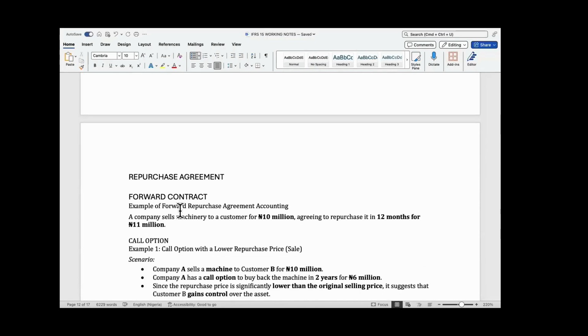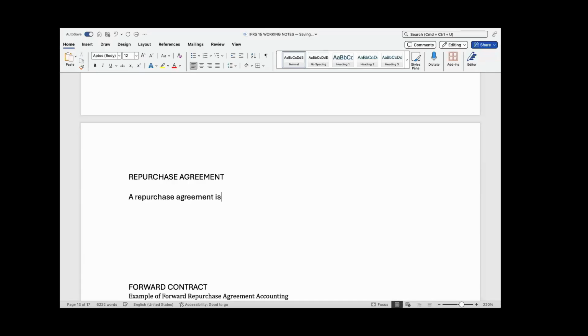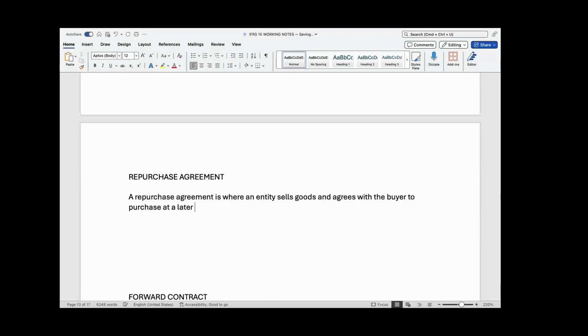Now, another one is the repurchase agreement. A repurchase agreement is where an entity sells goods and agrees with the buyer to purchase it at a later date.